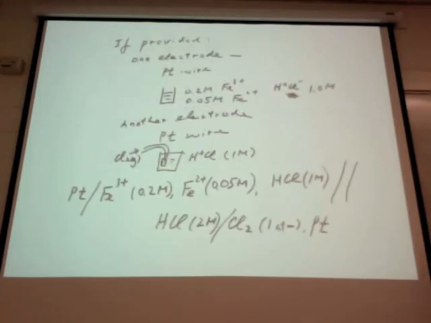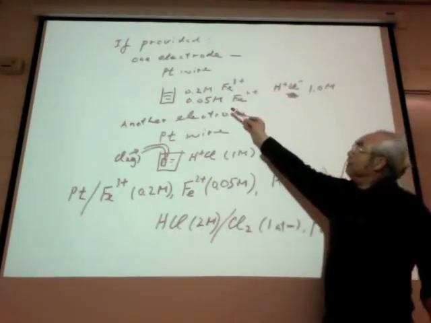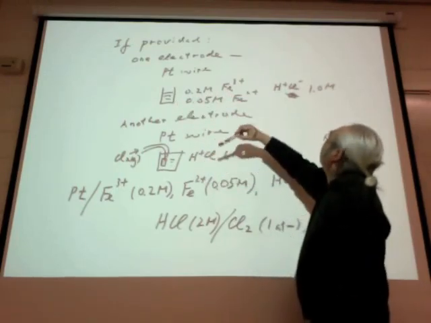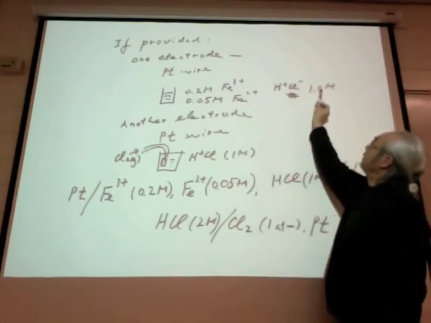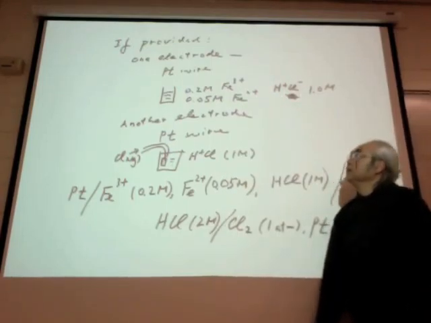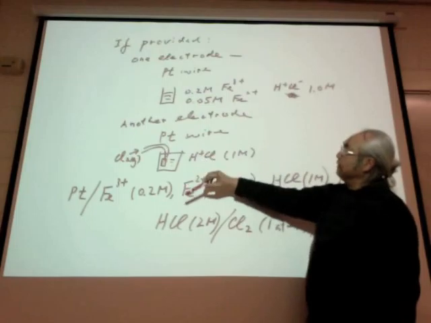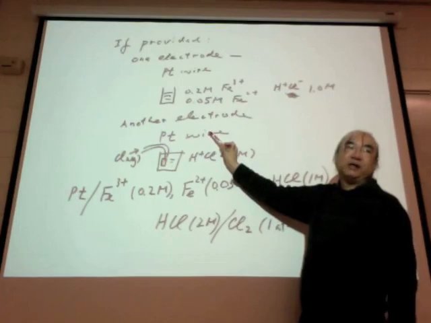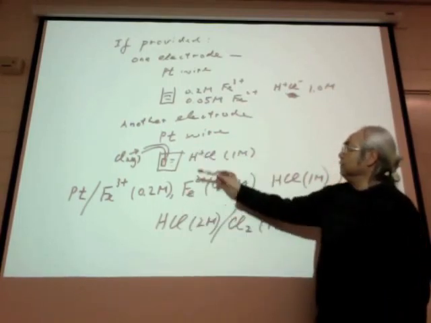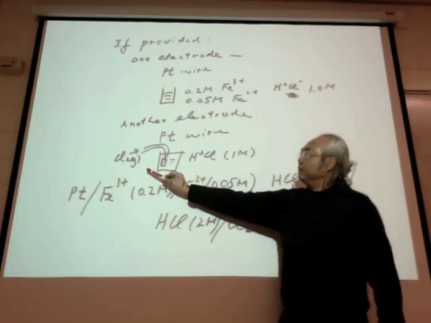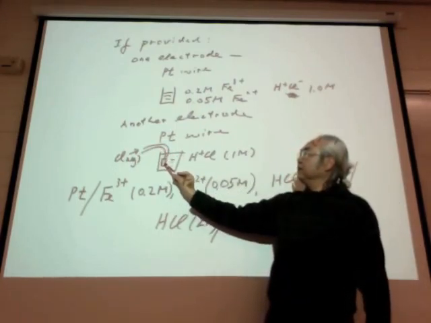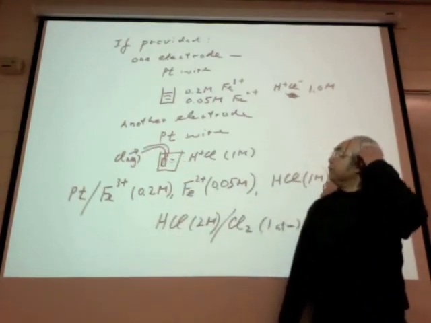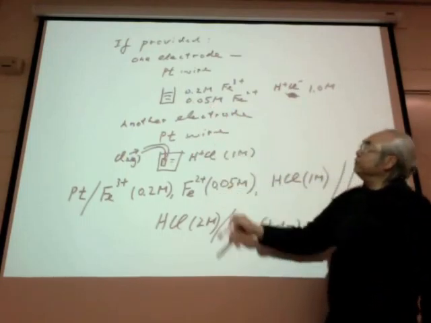If you were provided with one electrode, you have a platinum wire and the solution, which contains these three chemicals with concentration. Then another electrode, also a platinum wire, a conductor that does not participate in the chemical reaction. Then here, HCl, and you bubble chlorine gas into the solution, saturating it with chlorine gas.